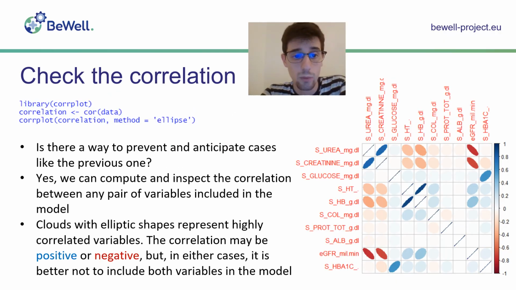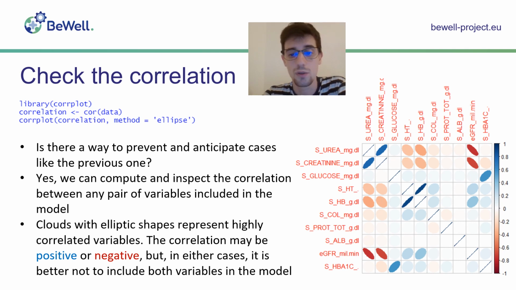Is there a way to prevent and anticipate cases like the previous one? Yes, R gives us a simple and elegant visual solution. To get it, we first need to install and load the corrplot library. Then we can compute the correlation between any pair of variables included in the model, using the cor function over the whole set of data. Finally, we plot the results via the corrplot function, included in the package we just loaded.